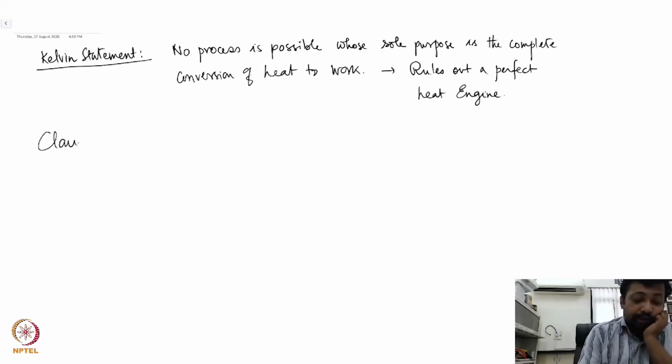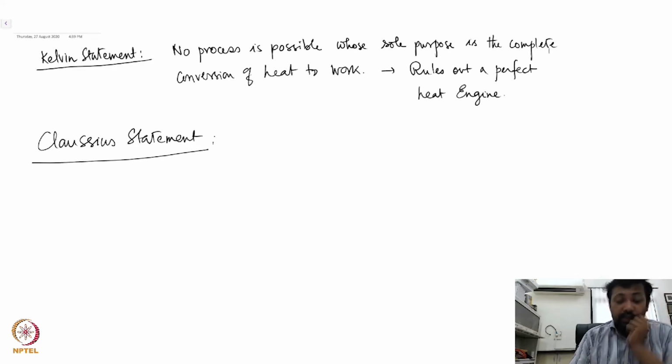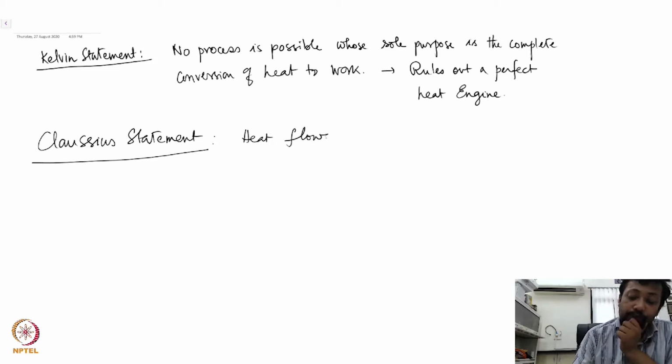The alternative statement is Clausius' statement, and that tells you that heat essentially flows from a hot to a cold body.